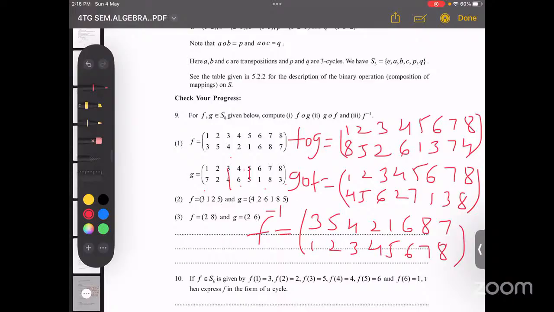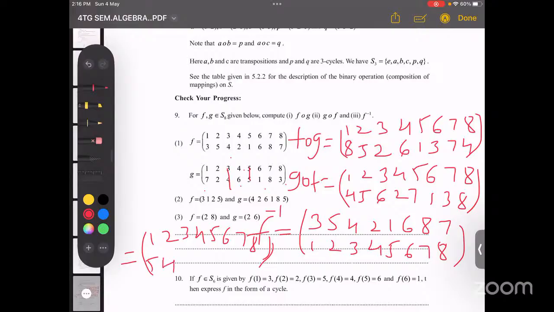So if you want to write this in the order, then we have to write like this. First you write 1, 2, 3, 4, 5, 6, 7, 8. So here 1, what is it mapping to? It is mapping to 5. 2 is mapping to 4.